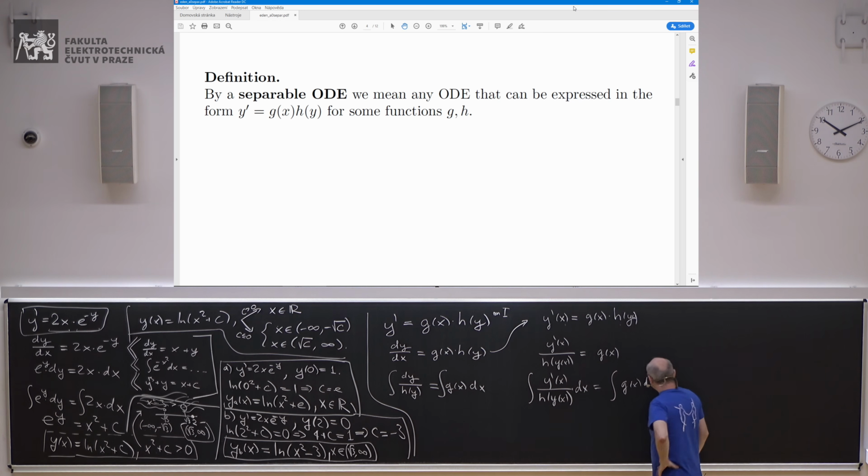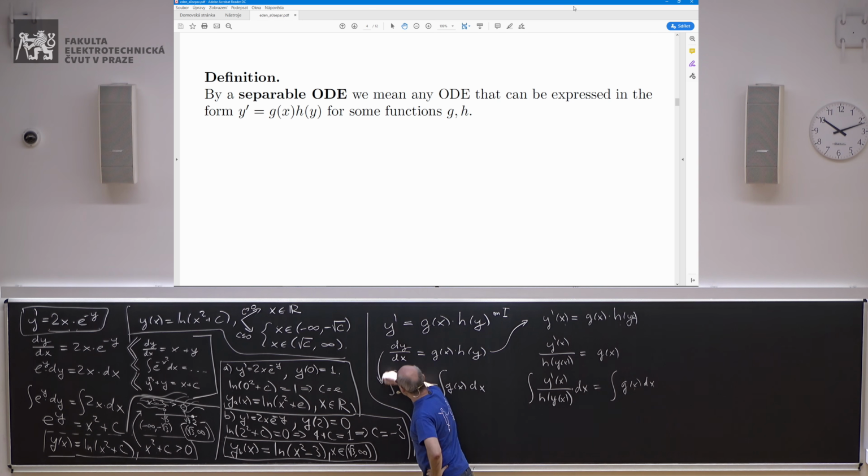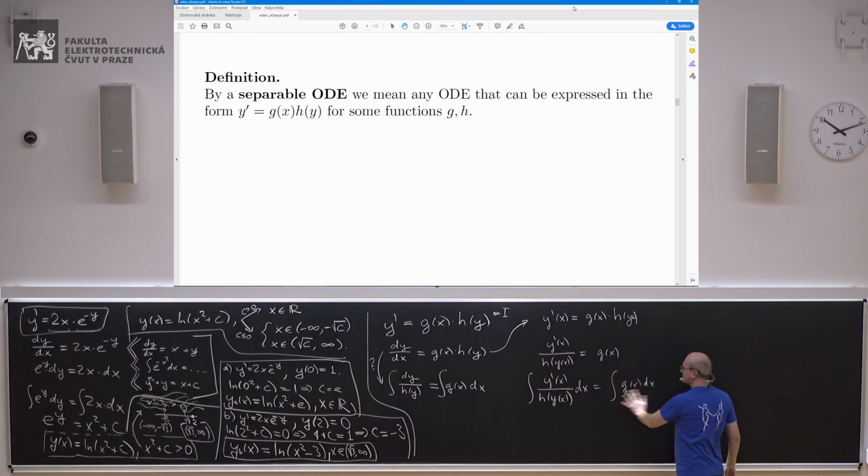Okay, what next? Here we actually have exactly the form that we want to get. So that was the questionable step, and we actually got it right on the right. So how about the left-hand side?